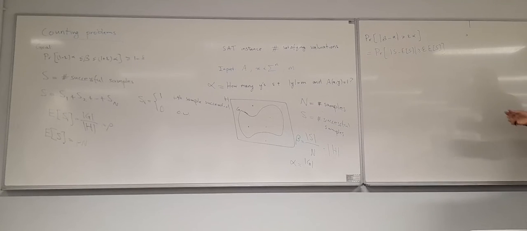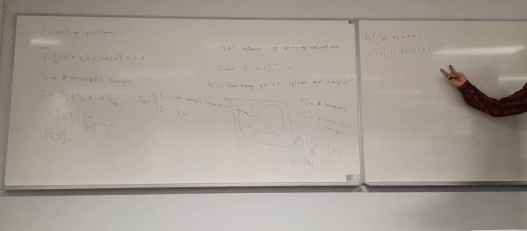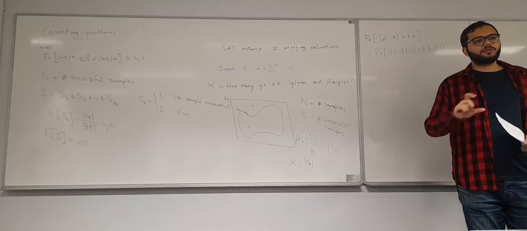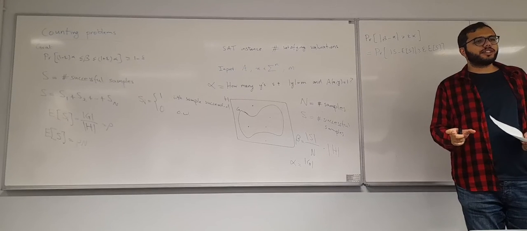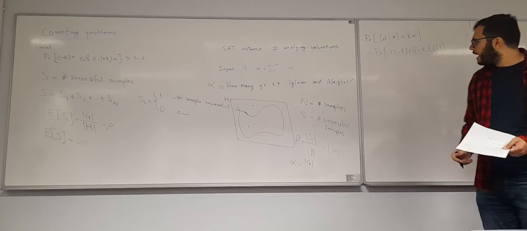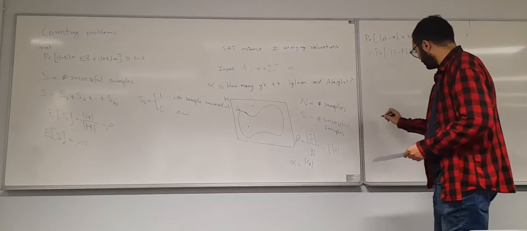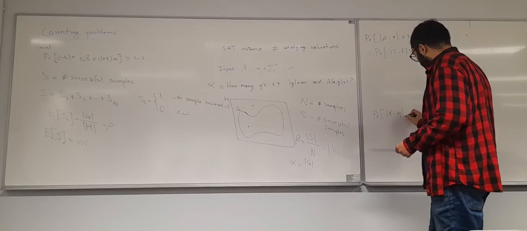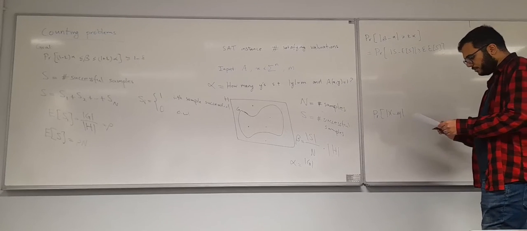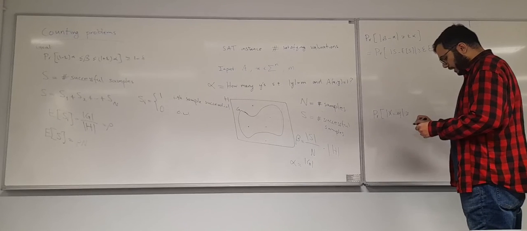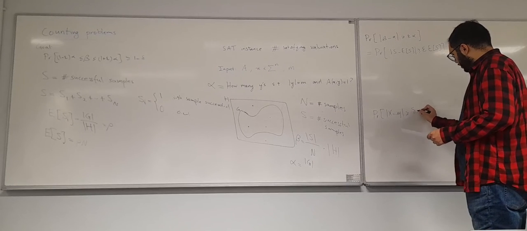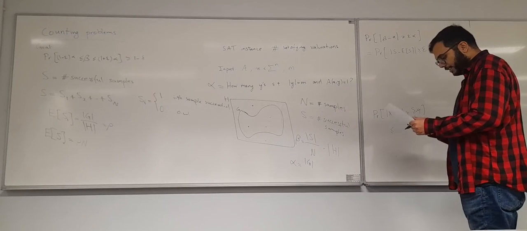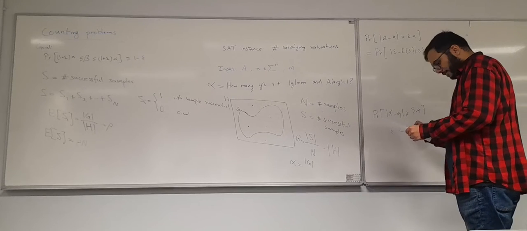So, what did we have in Chernoff bound for this? If you remember, I gave you a general version of Chernoff bound, and then I gave you a slightly weaker version that was actually easier to apply. The slightly weaker version was this: the probability that some random variable x deviates from its expected value mu by more than some delta times mu was at most, well, I never remember these things, so I have to write it like this.